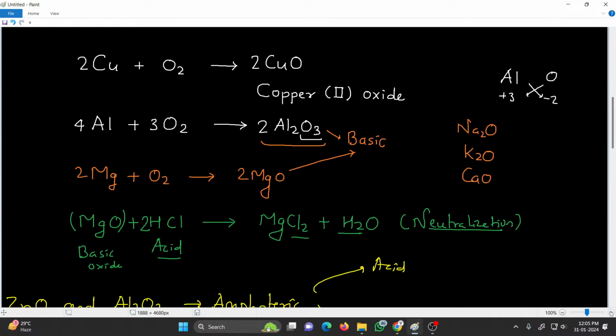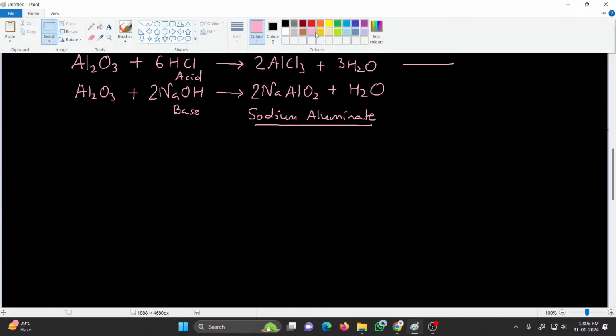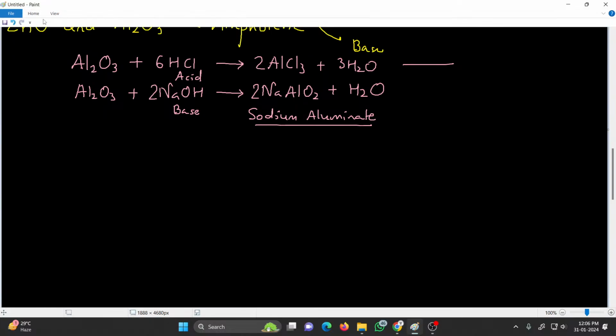Now some oxides, they are soluble in water. Most metal oxides are insoluble, but some are soluble. They are called alkalis. For example, sodium oxide can dissolve in water to form sodium hydroxide. This is a combination reaction.